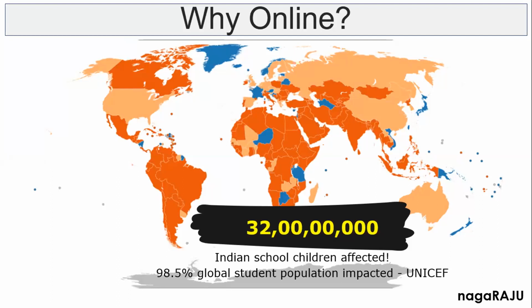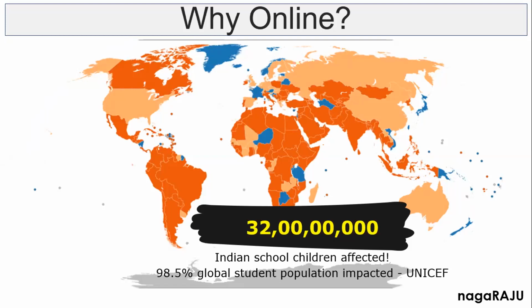If you look at the global level, UNICEF has given us these facts. 98.5% of the global student population has been affected by the lockdown. The map in the background tells you the countries, how seriously they have been affected by this lockdown.